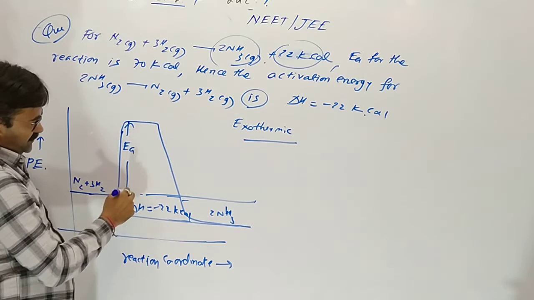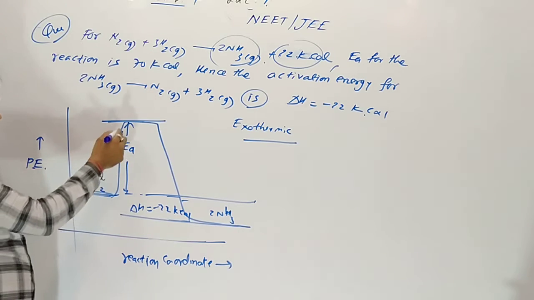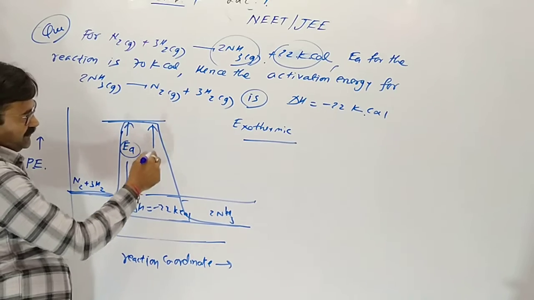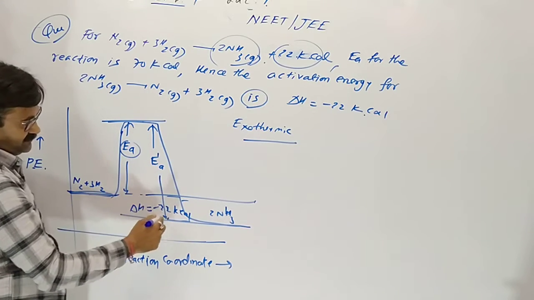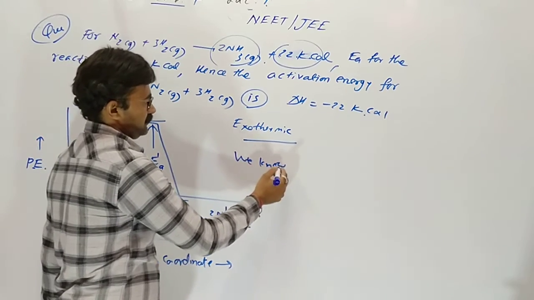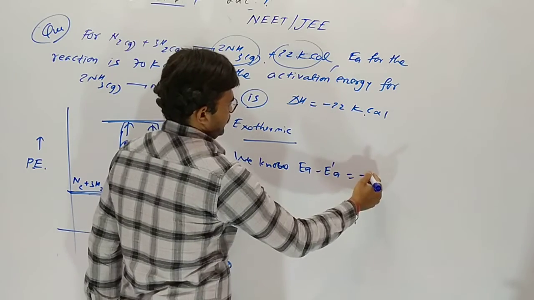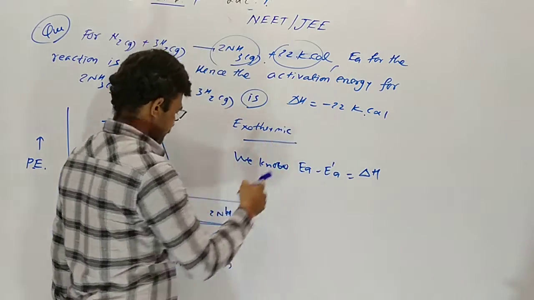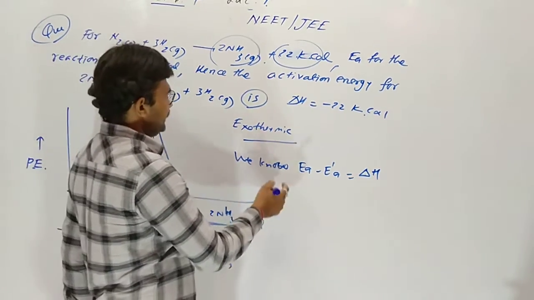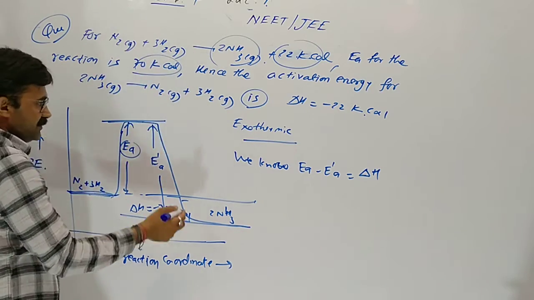For forward direction, activation energy is EA, the initial difference of potential energy is EA. For backward reaction, it is E dash A. So we know EA minus E dash A is equal to delta H. EA is given for forward reaction, 70 given.